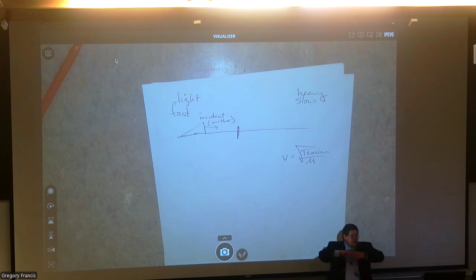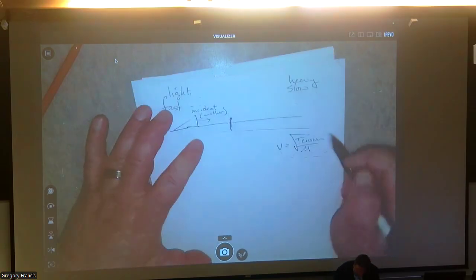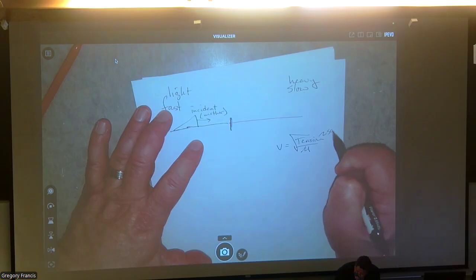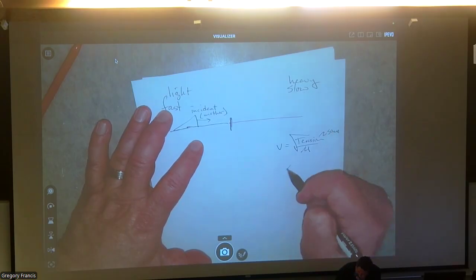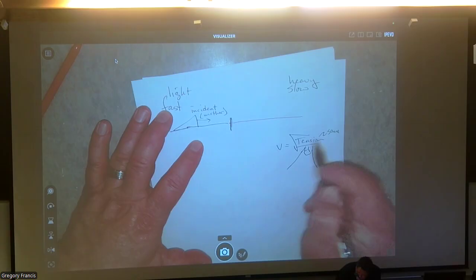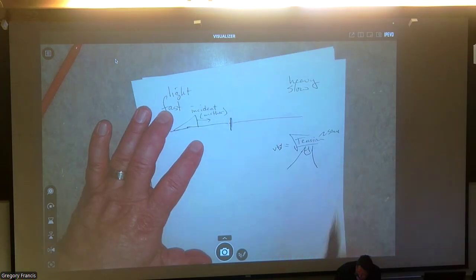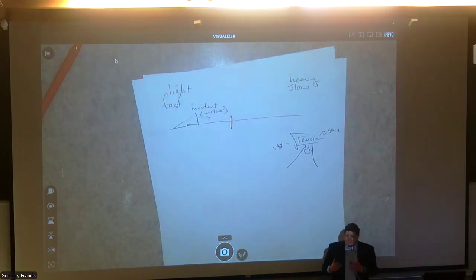By Newton's third law, which remember we learned, they have to have the same tension. So this is going to be the same. And so whichever one is heavier is going to have the smaller speed because the mass is in the basement. The bigger number in the basement, the smaller thing I get.